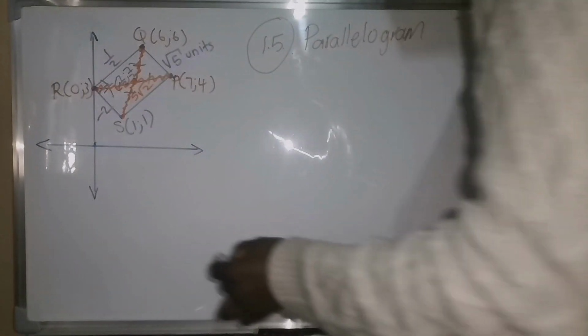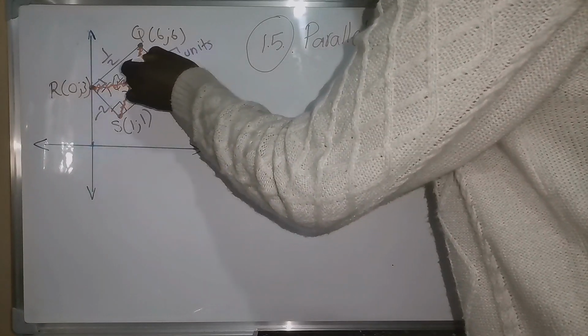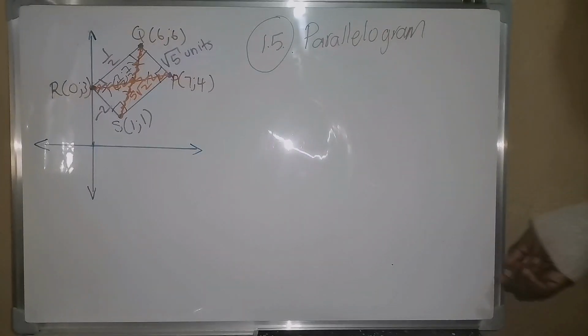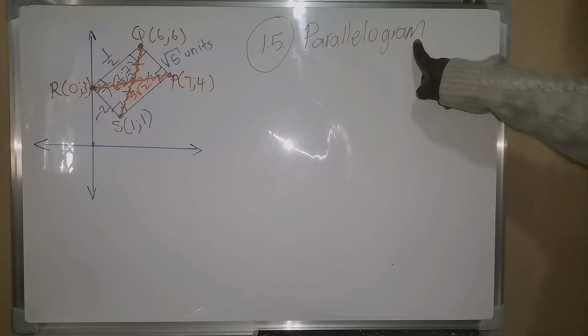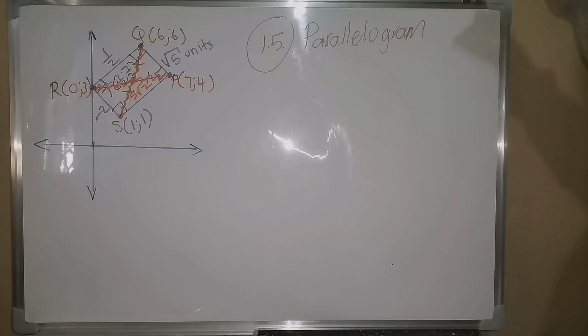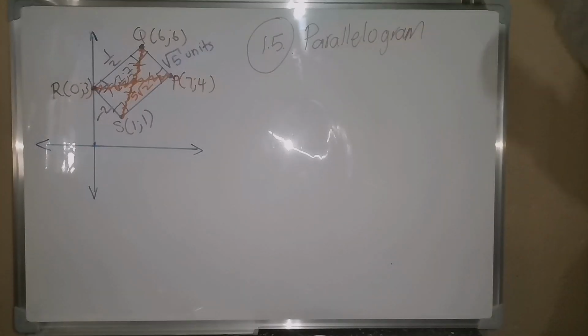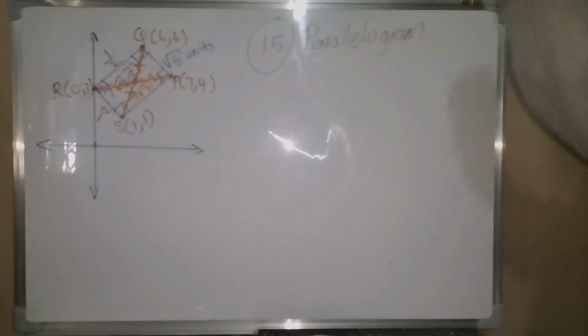So if you want to prove this is a parallelogram, the properties say that the diagonals bisect and are of equal length, and another property says that the opposite angles are equal to 90 degrees, or the adjacent sides are perpendicular to one another.